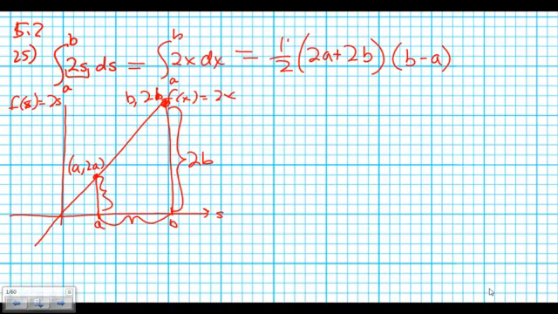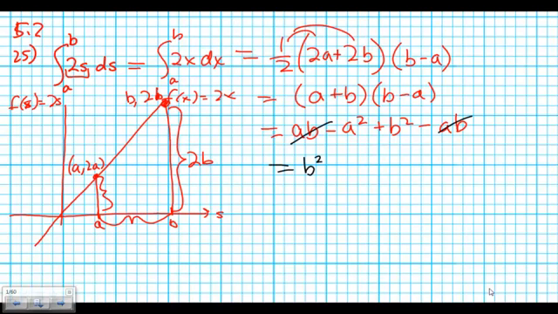If I distribute the 1/2 through both of those terms, I get a plus b times b minus a. And if I FOIL that, I get ab minus a squared plus b squared minus ab. The ab's cancel, and I'll rearrange it so it looks nicer. I get b squared minus a squared.